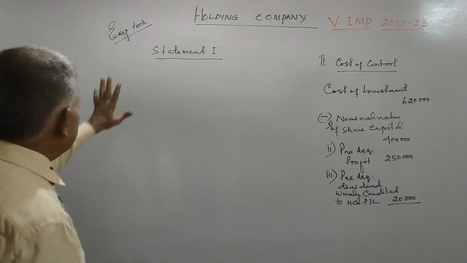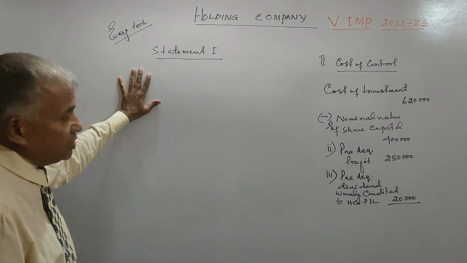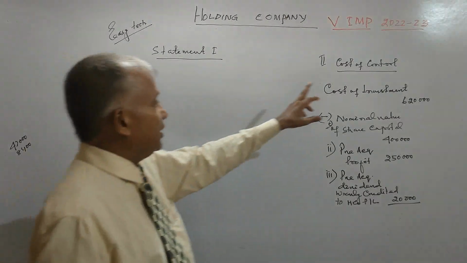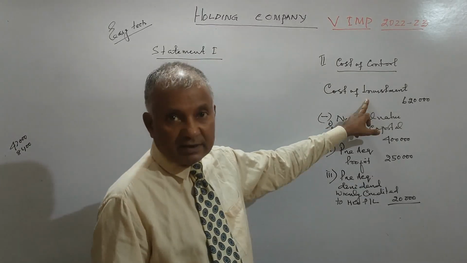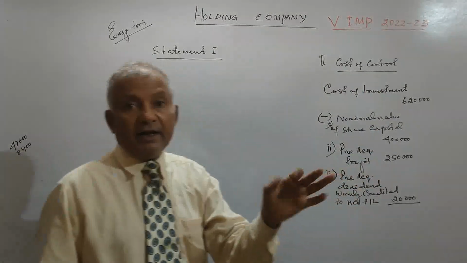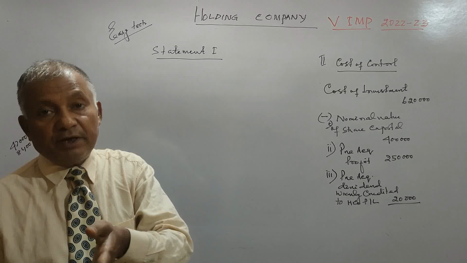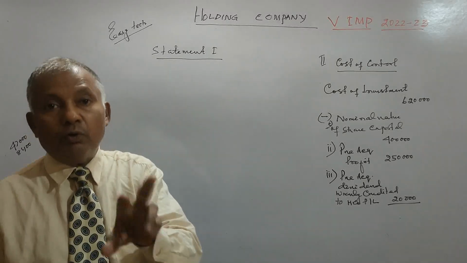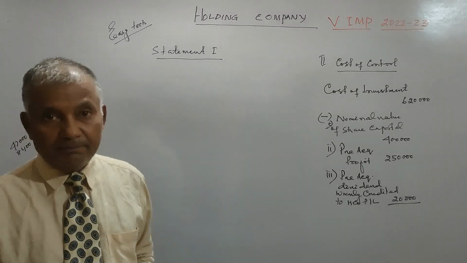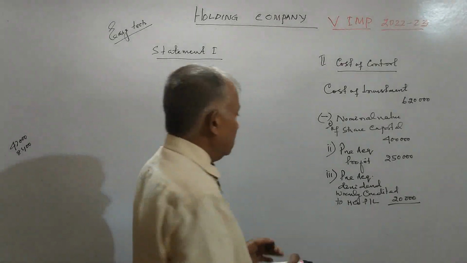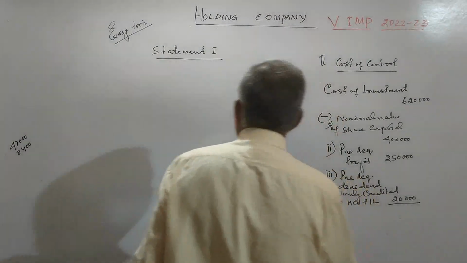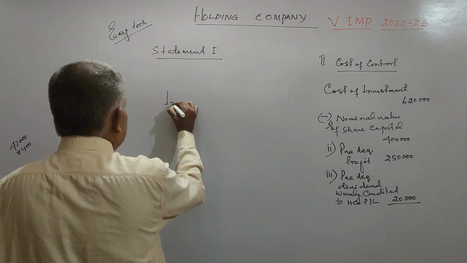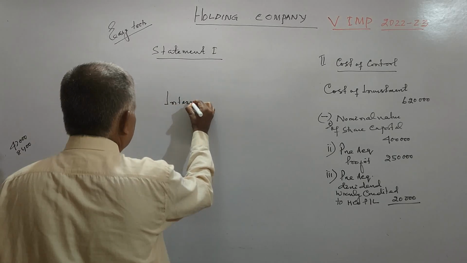If the dividend is from the pre-acquisition period, it will reduce your cost of investment. If the dividend is from the post-acquisition period, it will go to holding company P&L, right? So this dividend 25,000 is the interim dividend.